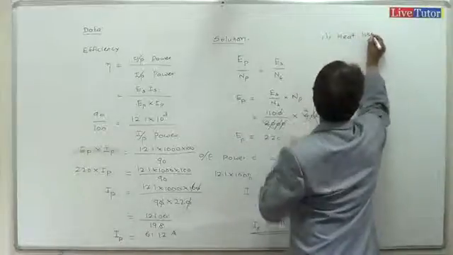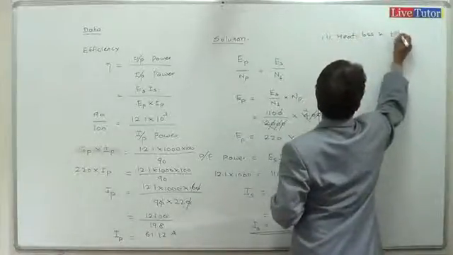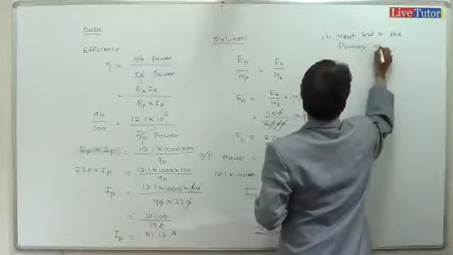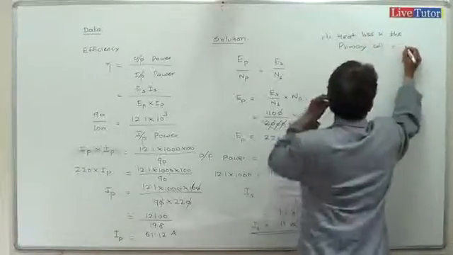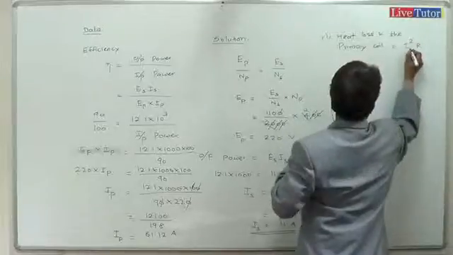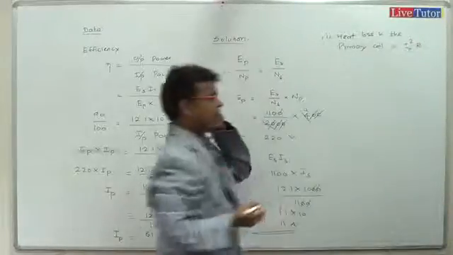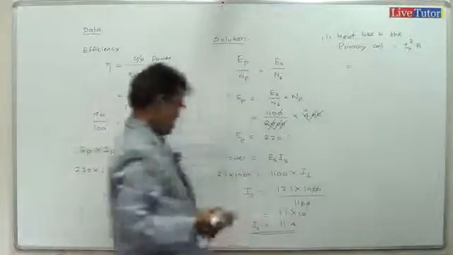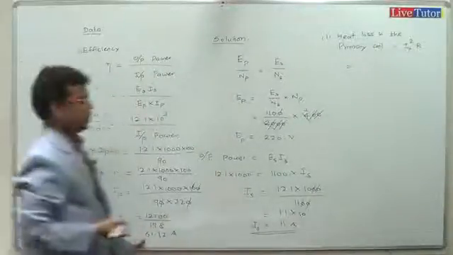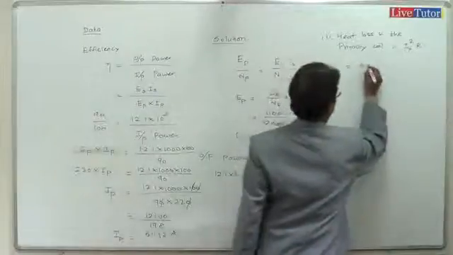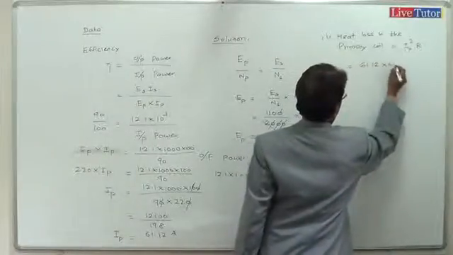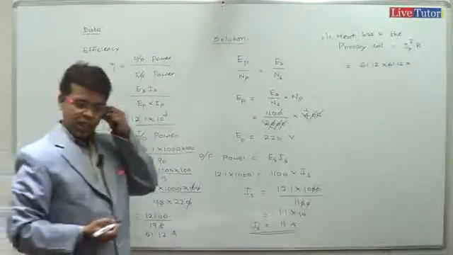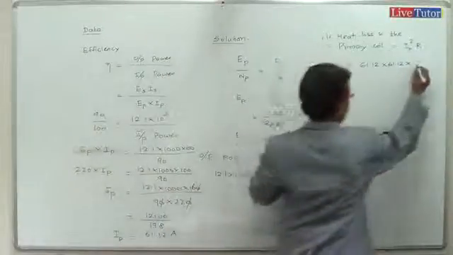Heat loss in the primary coil is equal to, actually I square r, I can write this as primary means IP square r. So IP is already found out. We have got 61.12. So it is 61.12 into 61.12 into resistance of the primary coil, which in the beginning is given as 0.2.